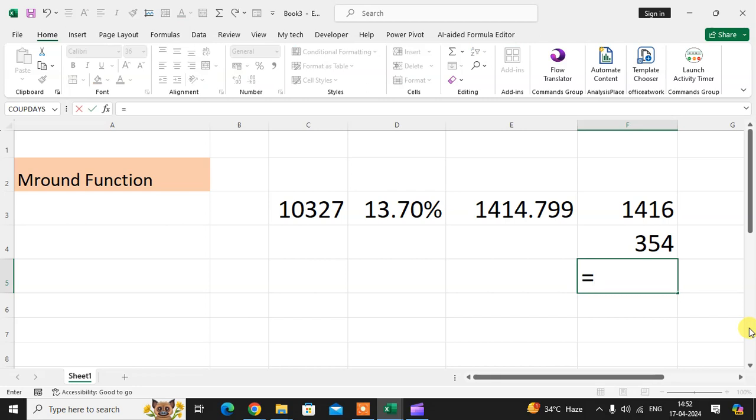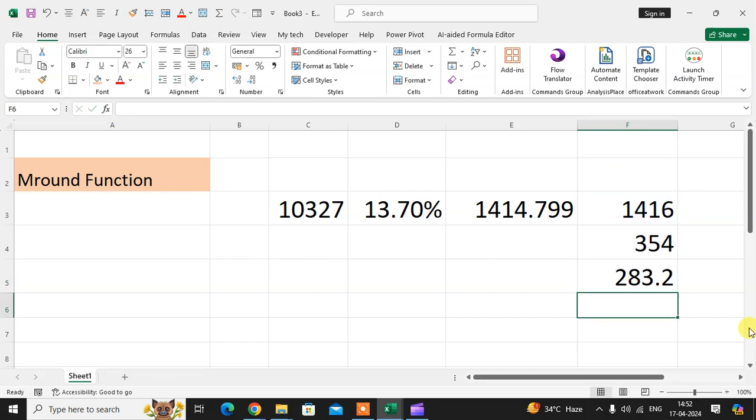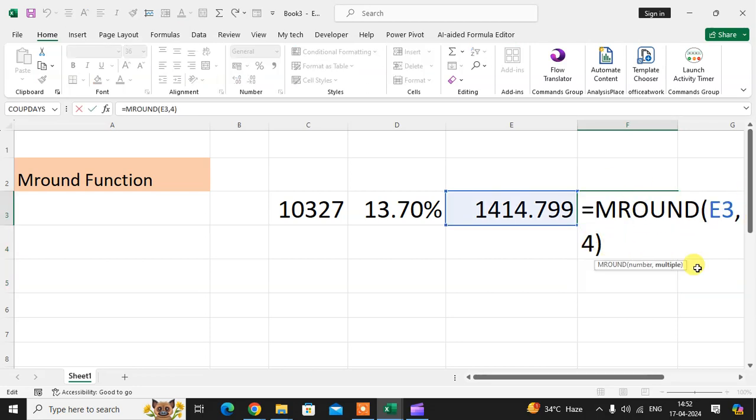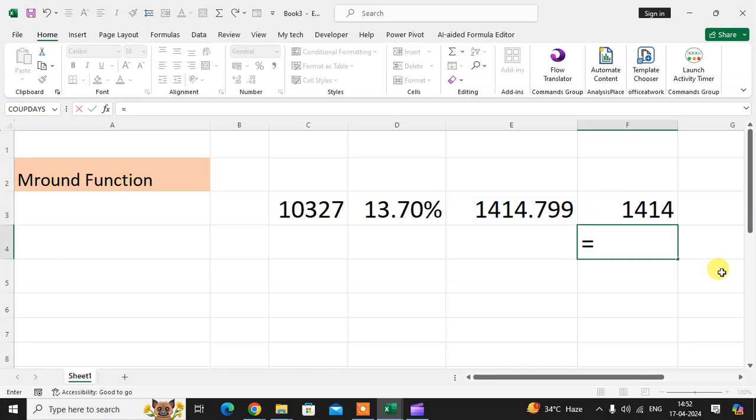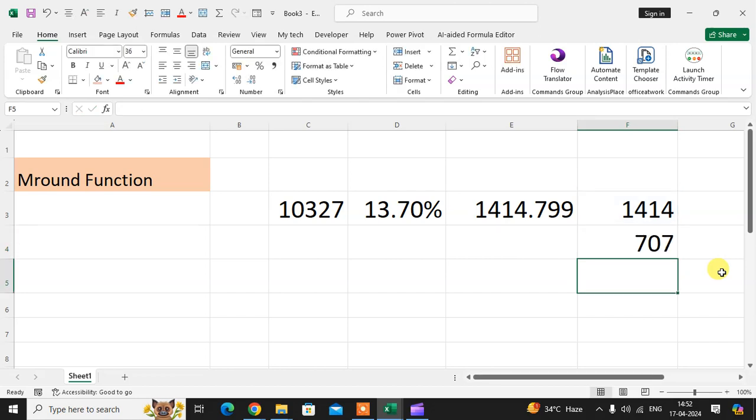If I divide this amount by 5, I get an amount in decimal. So there is one more way you can use a second number also. If I enter 2, then I can divide this amount by 2 and get a rounded-off amount without decimal.